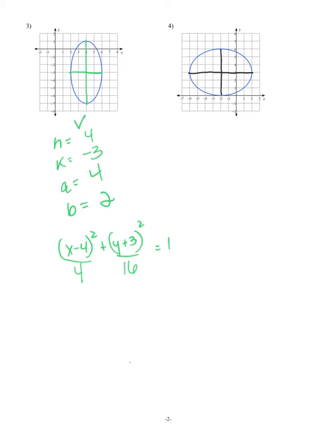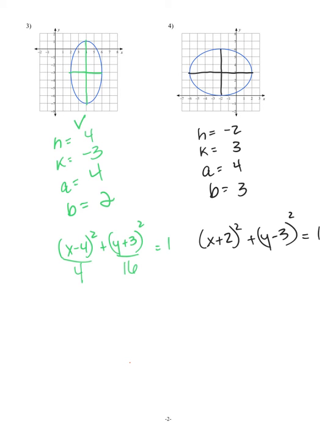So we have H, K, A, and B. So H is -2, K is 3, A is 1, 2, 3, 4, and B is 3. Same thing, x plus 2 squared plus y minus 3 squared equals 1.